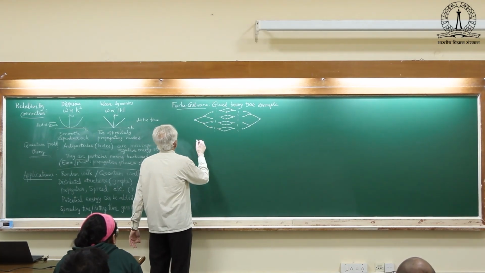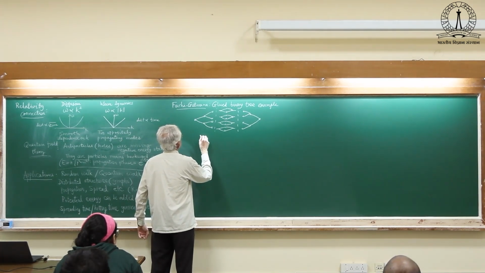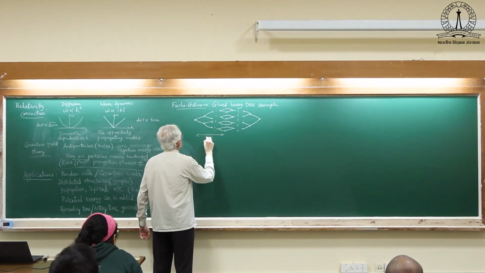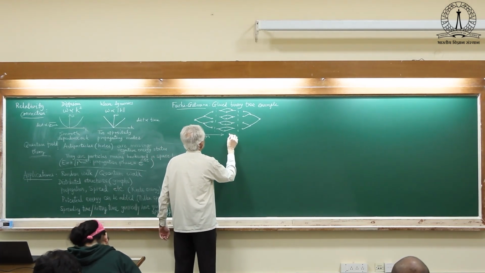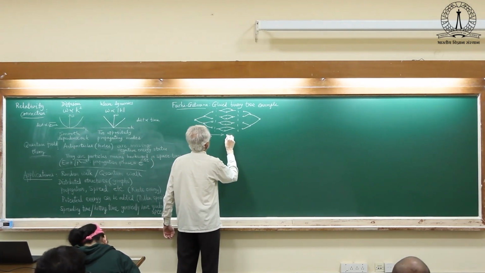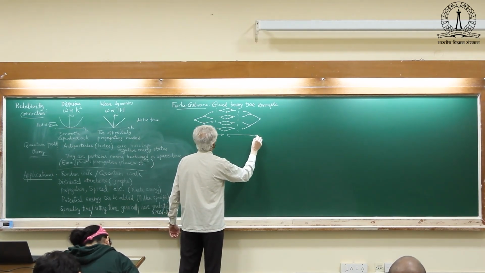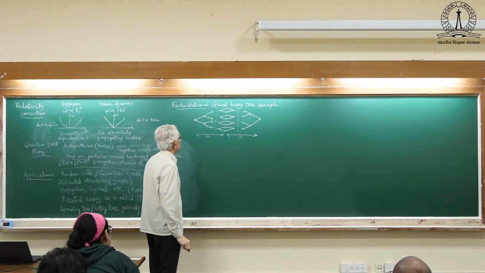Okay, so let me tell you that this is some number of levels. So let me call it n bifurcations from this point, and another n to go over this step.